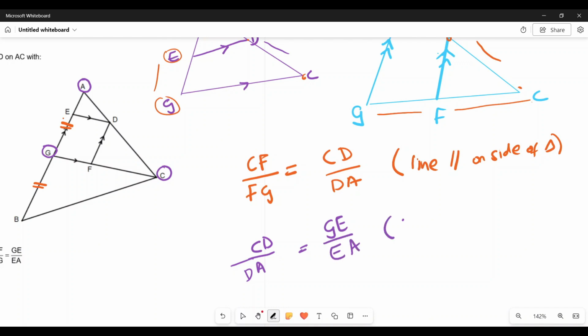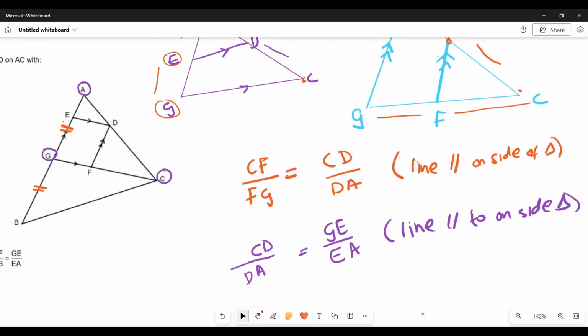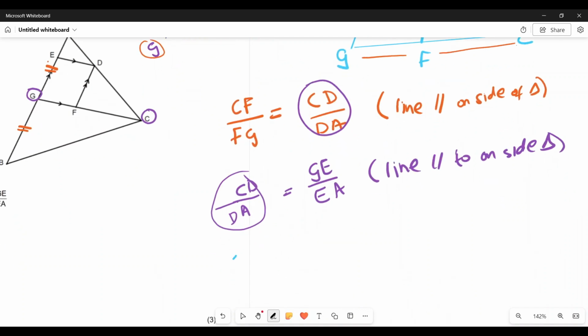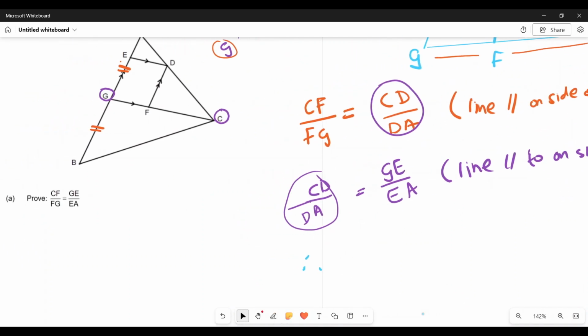And why is that? I have a line parallel to one side of a triangle. And as I've said, this is common, this line right over here, CD over AD. Because this is common, you can now conclude, so this would be your final answer. You can now say, therefore, remember what we're trying to prove: CF over FG is equal to GE over EA.